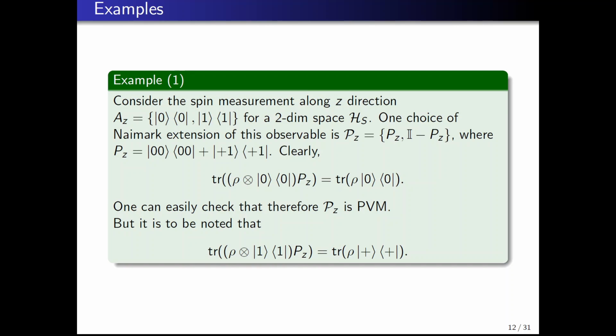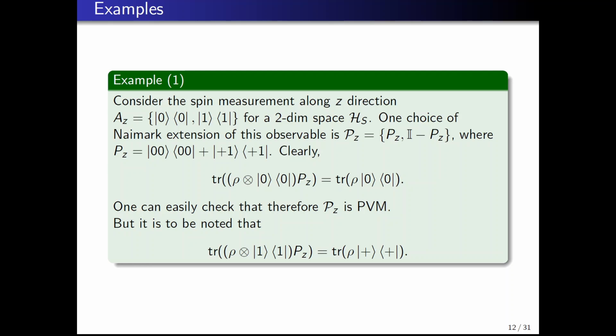So let's look at example 1. In this example 1, we have considered two spin observables along the z direction and x direction. We know that these two measurements are not compatible, but look at the projector Pz. Pz is a Naimark extension of sigma z with respect to the ancilla state outer product |0><0|, and Pz is a Naimark extension of sigma x with respect to the ancilla |1><1|.